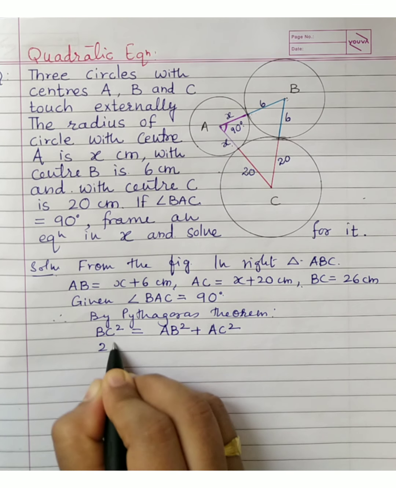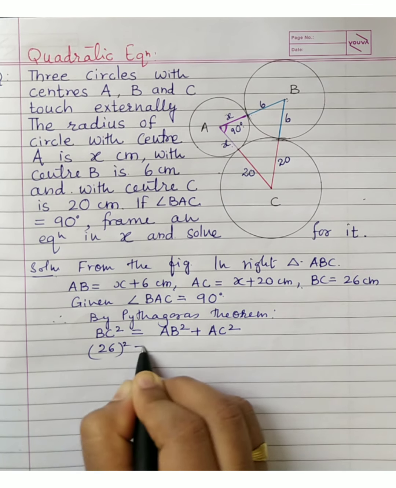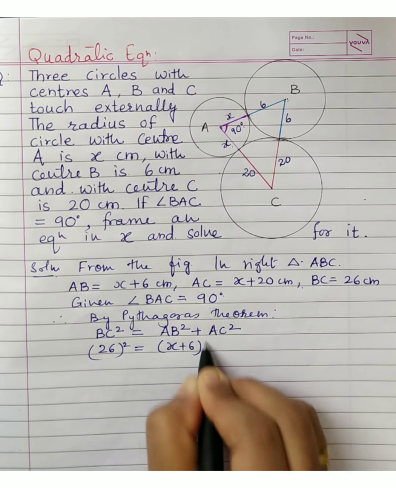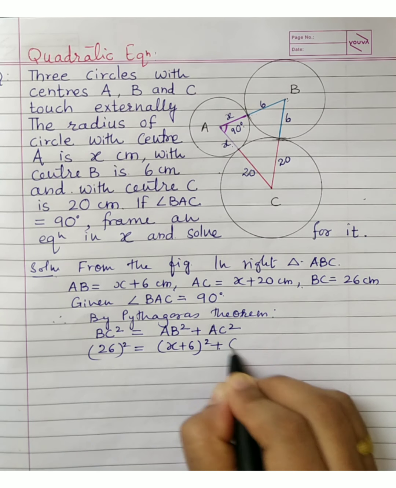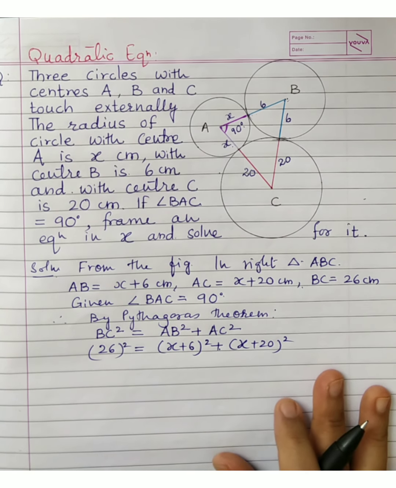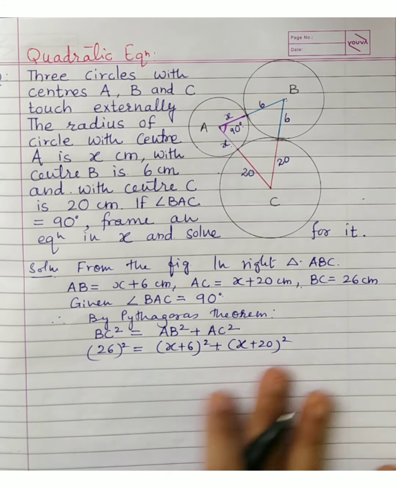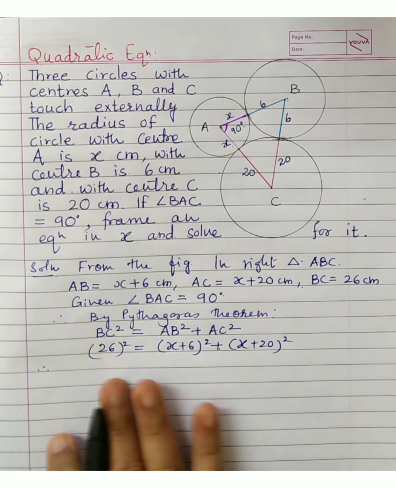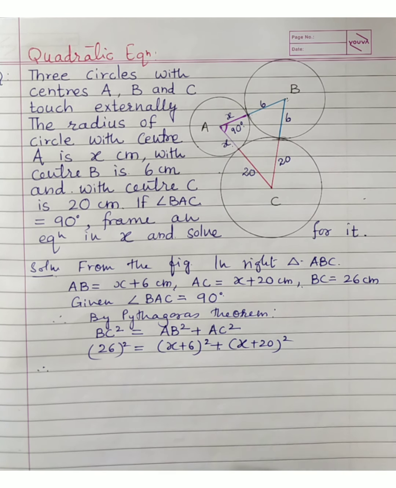BC is what? 26. AB is x plus 6 and AC is x plus 20, the whole square. So the first step is obtained here. You have obtained the equation. Next step will be what? You will have to get it into the standard form, right?